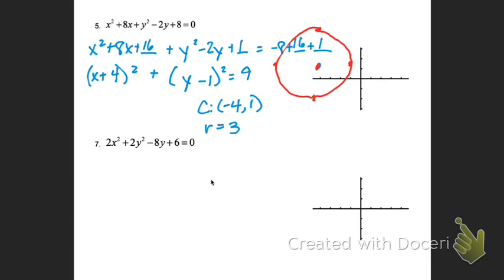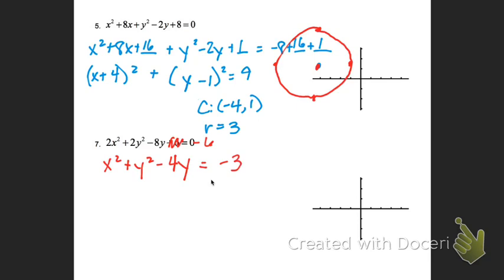So if I divided everything by 2 right now, it would be x squared plus y squared minus 4y plus 3 equals 0, because 0 divided by 2 is 0. If I moved the 6 over, then I would have negative 6, and then I divide that by 2, you get negative 3.